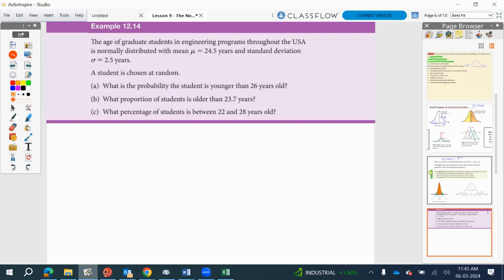Okay, let's have a go at a standard textbook type question. Like with the binomial distribution, you always have to say what x is. x is the age of a randomly selected student. The only word you have to change is this next word.